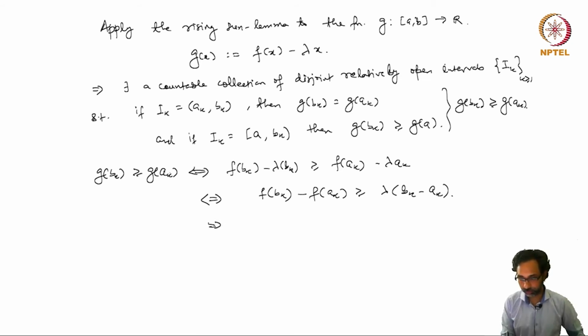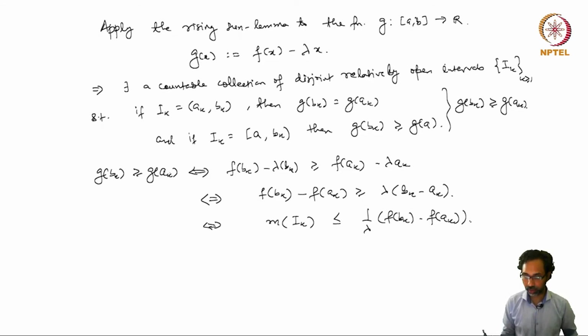In other words, the measure of the interval I_k is less than or equal to 1 over lambda times (f(b_k) minus f(a_k)).